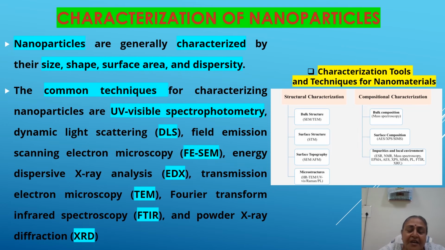Then FTIR will help us to know the various functional groups present in the marine algal extract which help in synthesizing these nanoparticles, and the XRD patterns will confirm it.